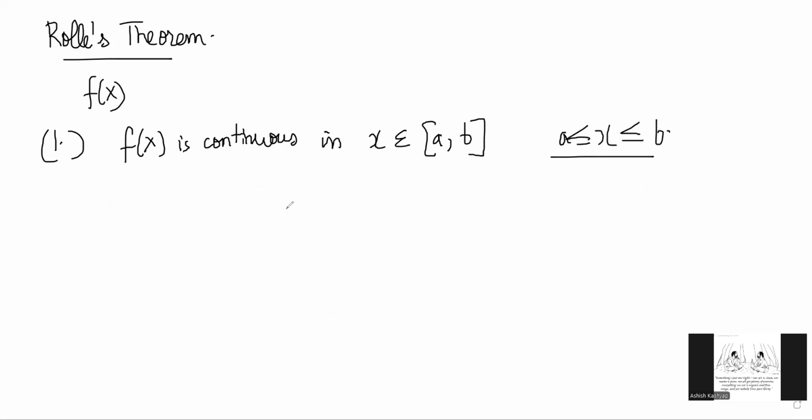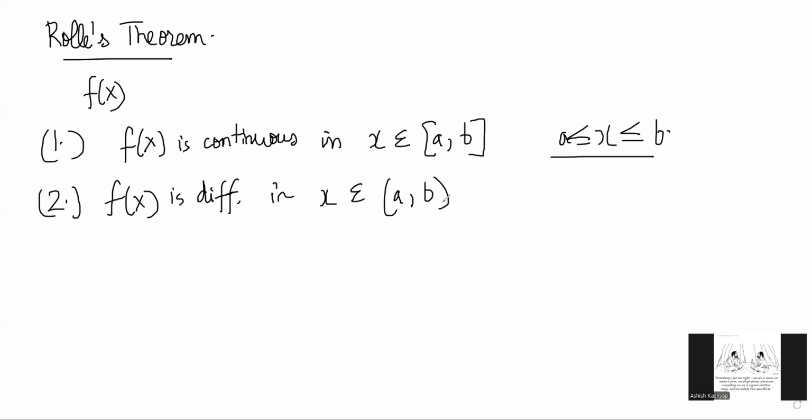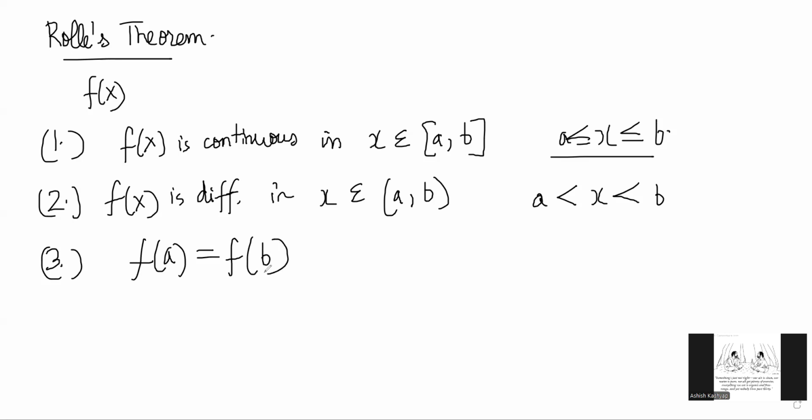This is the situation. Second condition is f of x is differentiable in the open interval a to b. And third condition is f of a is equal to f of b, right?